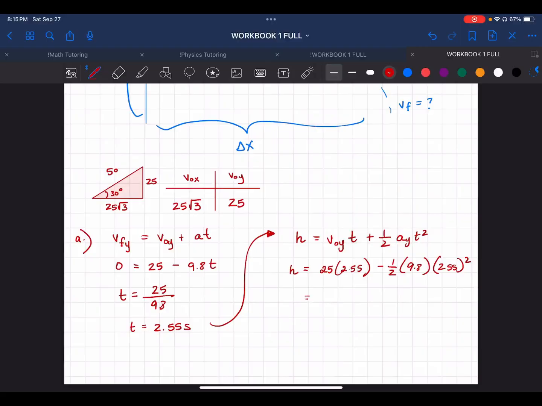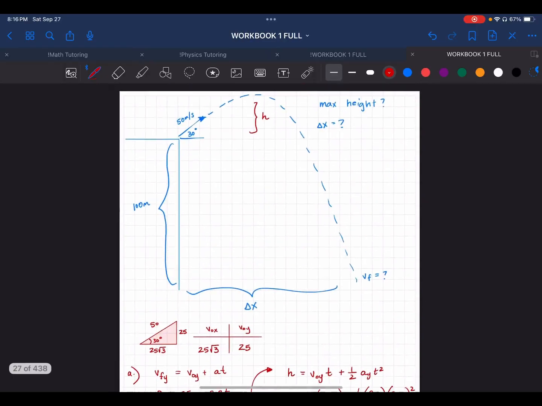Let's see, that's 53.75 minus 31.86. Let me just do all this real quick. So the height is 32.5 meters.